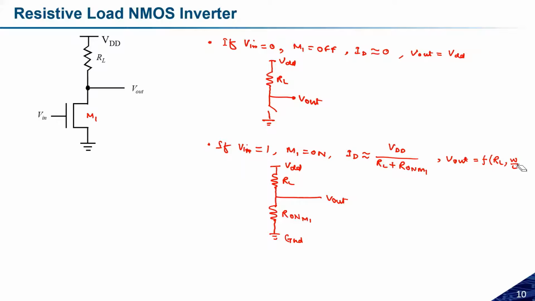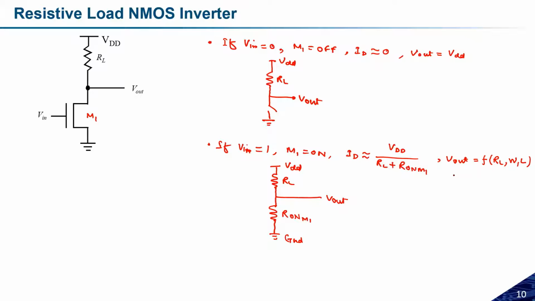Let me write it perfectly: W and L. Ideally I'm assuming that the output should be 0, but it is not 0, and that completely depends on the value of RL and the W and L of the transistor M1. Based on that we can decide what the output voltage is if input is equal to 1.